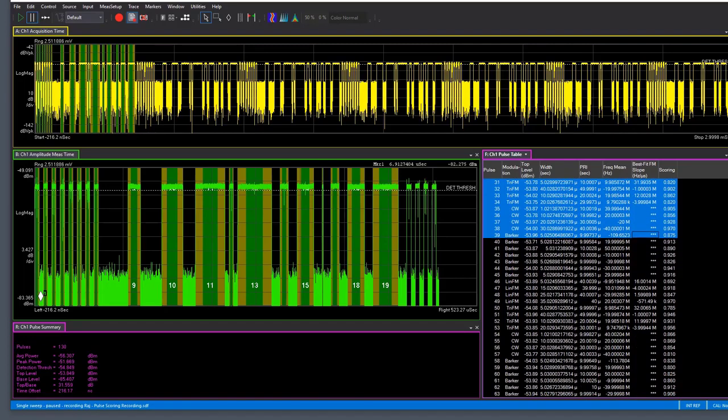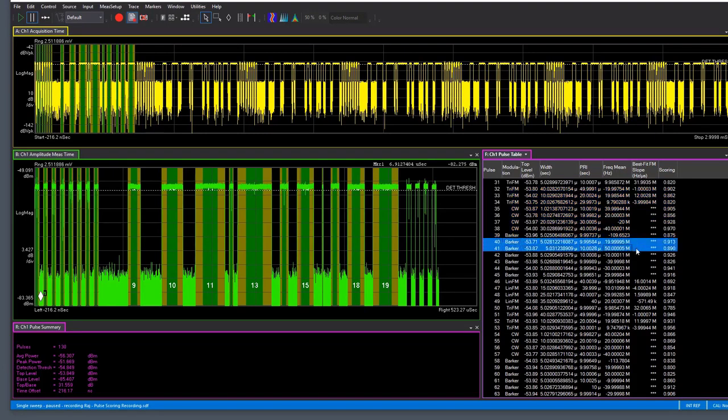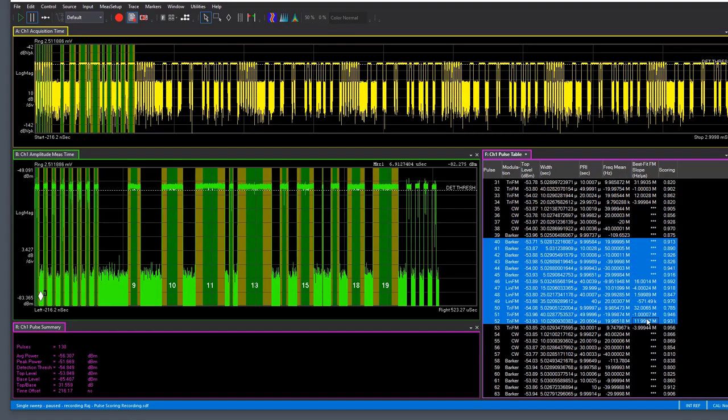So this gives me a lot of confidence in understanding that these 19 pulses are functionally the same, just repeated over and over again. And maybe there are some minor capture issues from when I was recreating this signal in hardware that is leading to some lower pulse scores here. Maybe there's some frequency accuracy issues and so on.